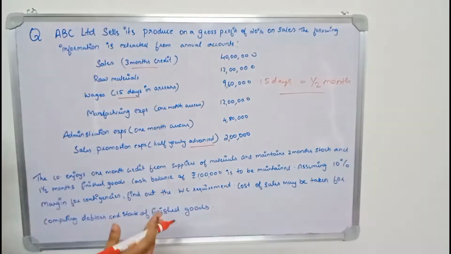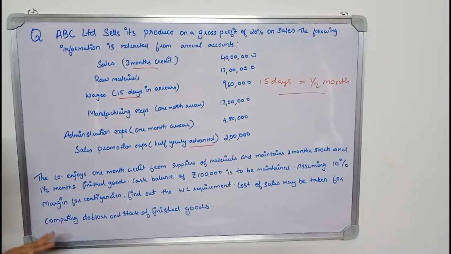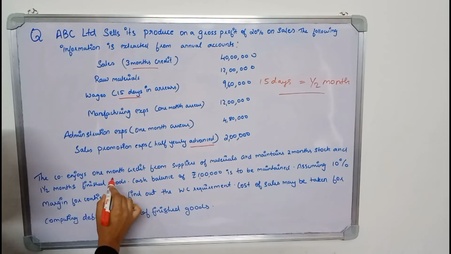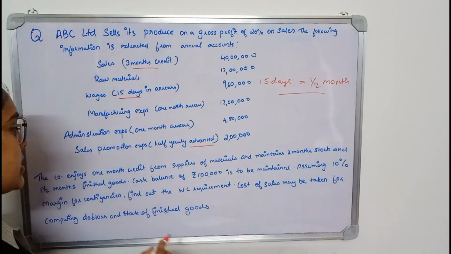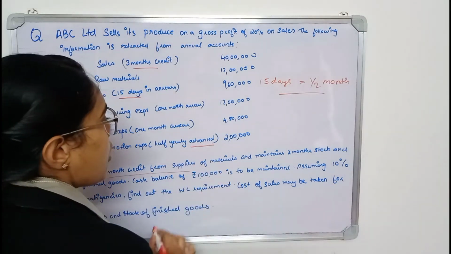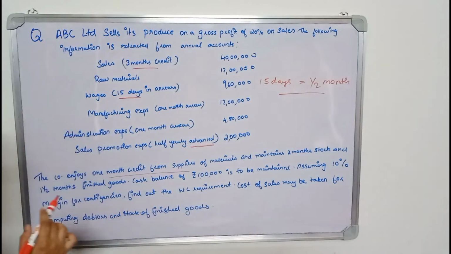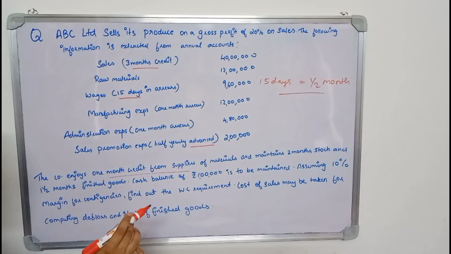Moving over to the paragraph, the company enjoys 1 month credit from suppliers, that is creditors for raw materials, and maintains 2 months stock and 1.5 months finished goods.